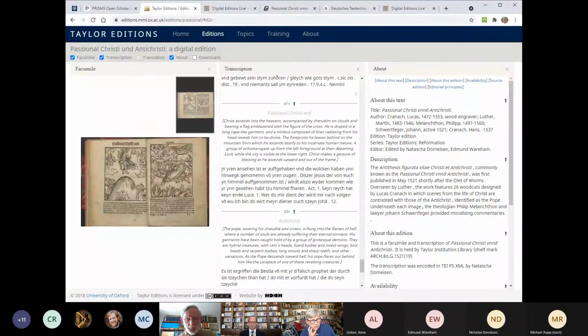So here you see the Taylor Editions site, which most of you will be familiar with. And that will be where we'll, for example, link in also the launch event from today.